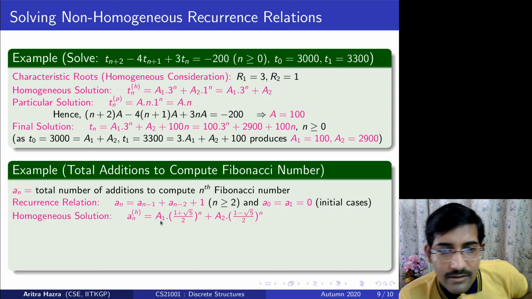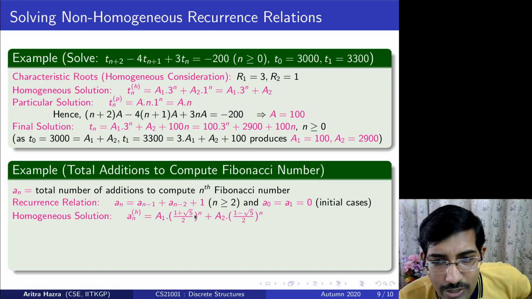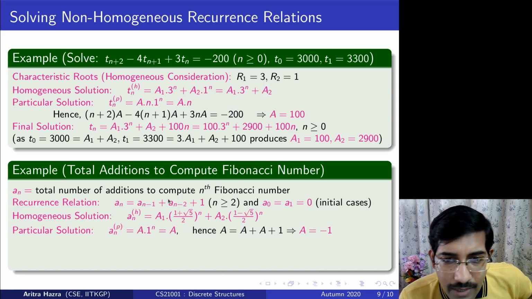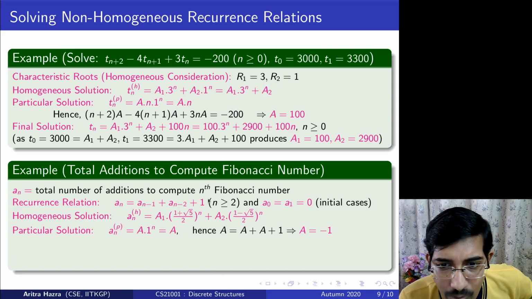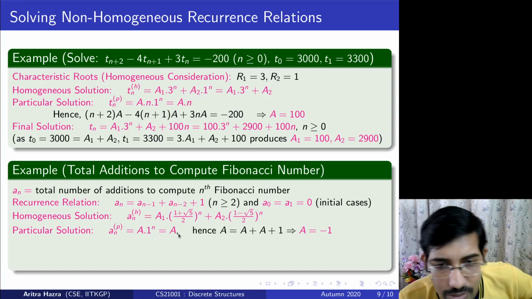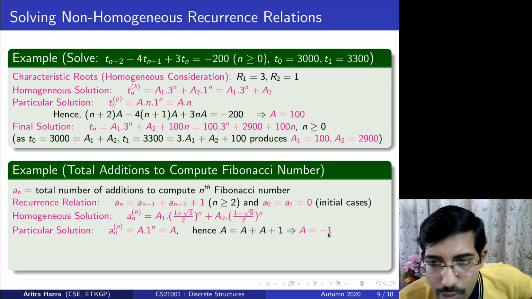Hence, the homogeneous part is just the Fibonacci recurrence to solve, and we have already solved it: golden ratio to the power n plus beta to the power n and all that. For the particular part, I have to solve it with a into 1 to the power n. Nothing changes with 1 to the power n, so I can keep it as it is, allowing linear independence to hold. So it is a. Putting it back, a equal to a plus a minus 1 gives me a equal to minus 1.